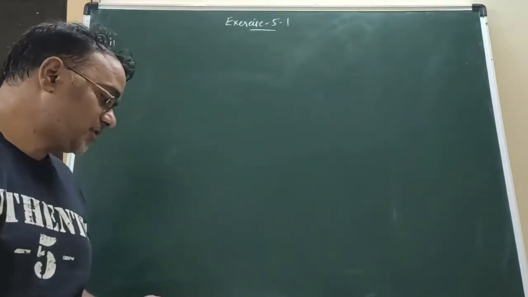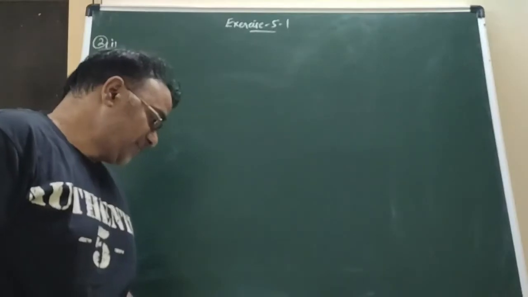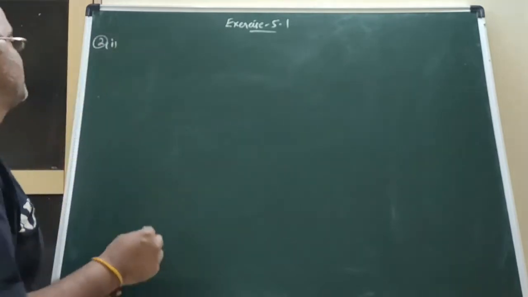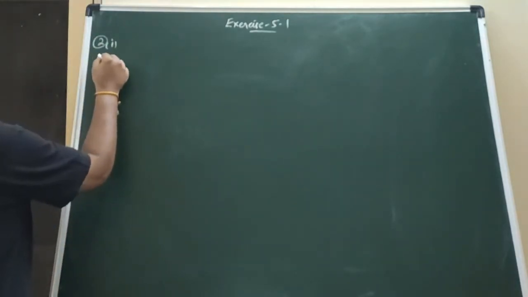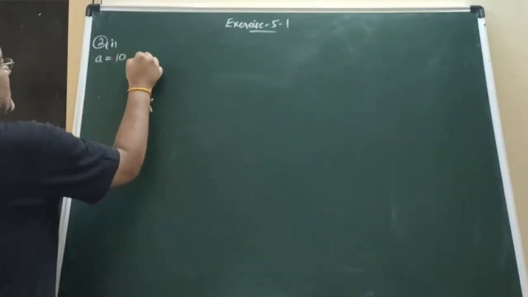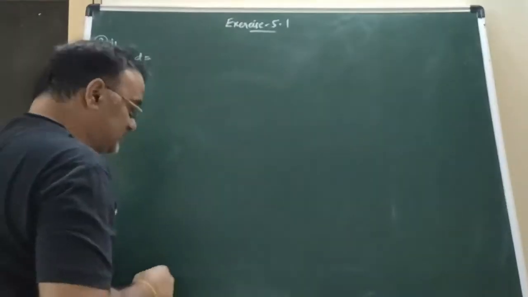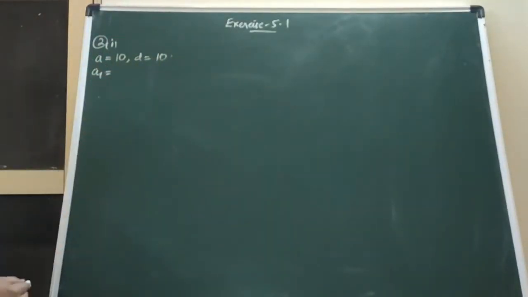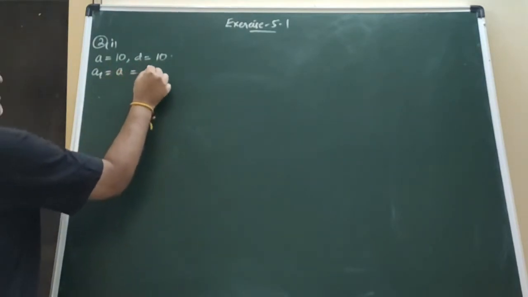Write first 4 terms of the AP when the first term A and the common difference D are given as follows. So the value of A is given 10 and the value of D is given 10. Okay, so what is the first term? A1 is A only, that is 10.